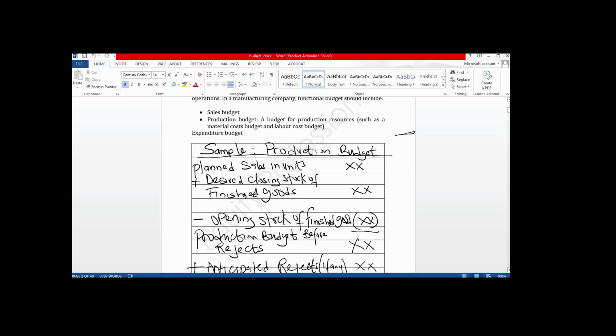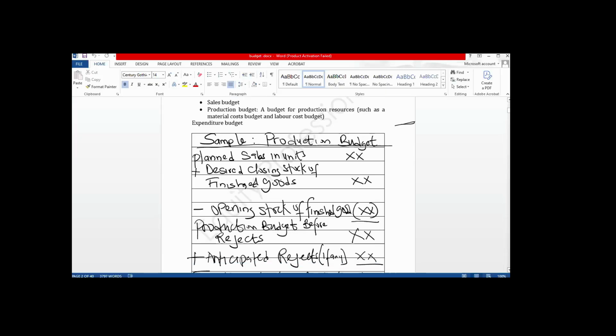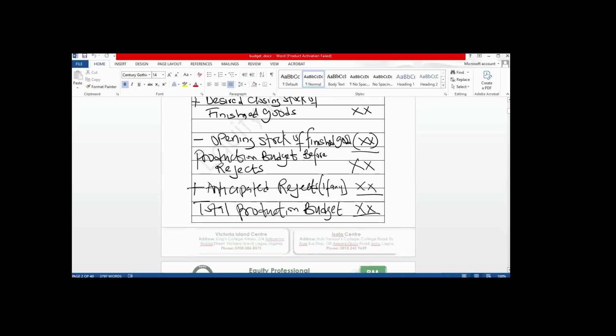That will give you production budget before rejects. Then you now add anticipated rejects, if any.